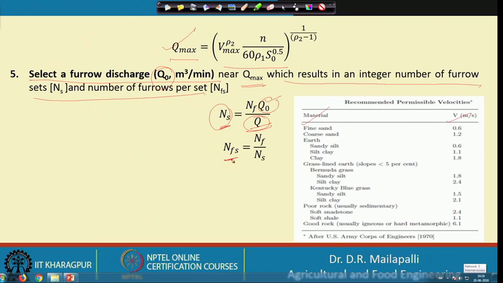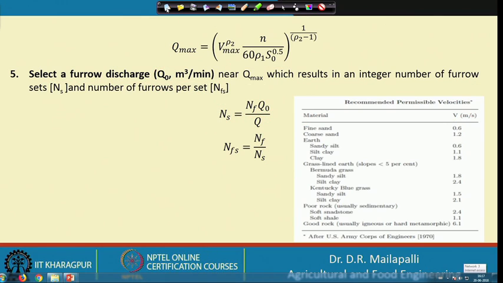The number of furrows per set is the number of furrows divided by the number of sets. Okay. So, the number of furrows by the number of sets will give the number of furrows per set.